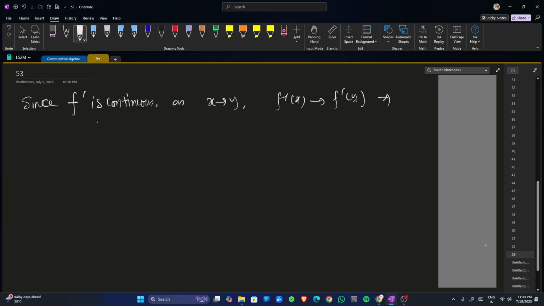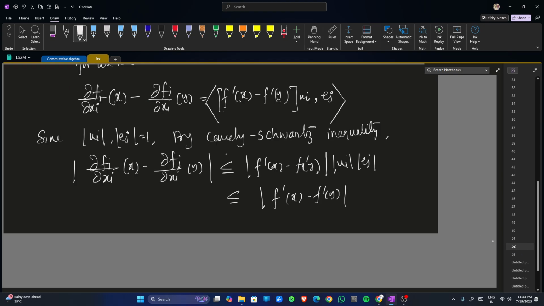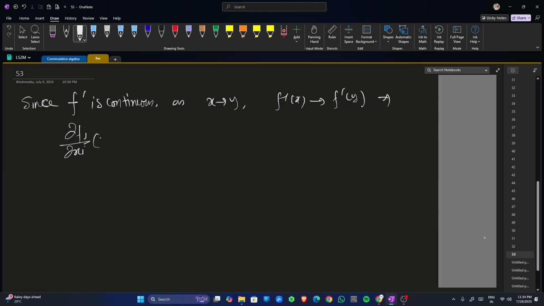So del f_j del x_i applied at x tends to del f_j del x_i applied at y. This shows that this function is continuous on A.